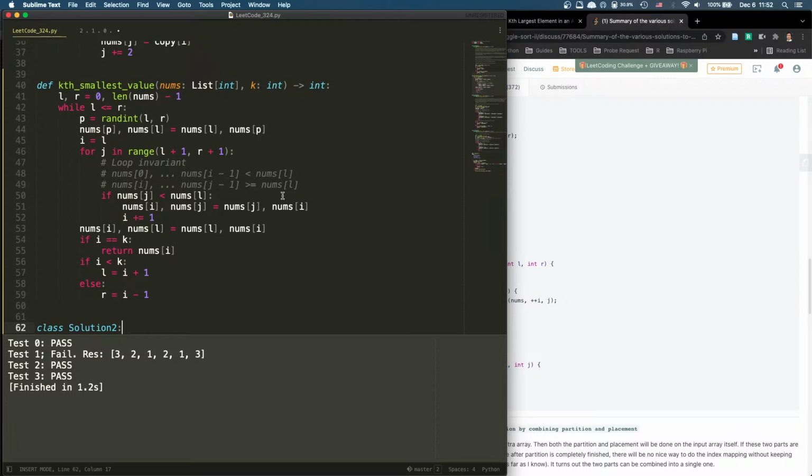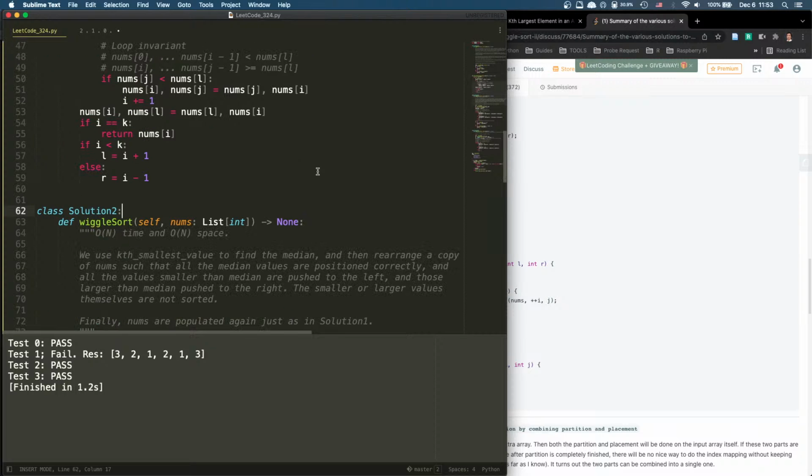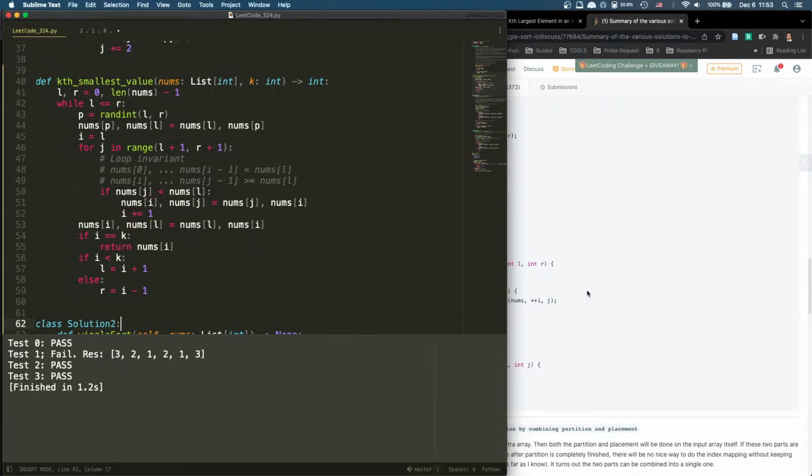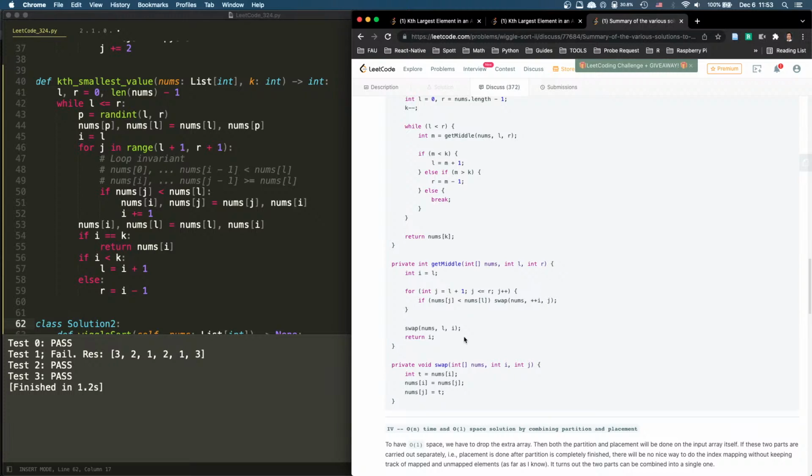Now we swap. How this one is kind of reversed. Now we swap I and L. And then we get this, right?